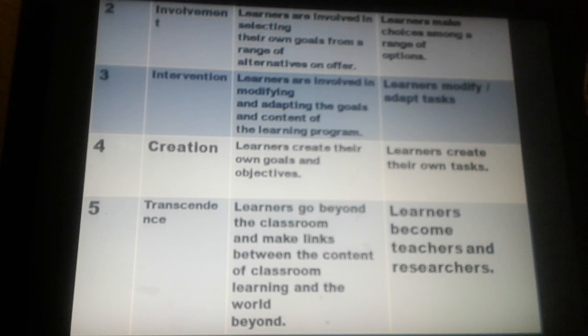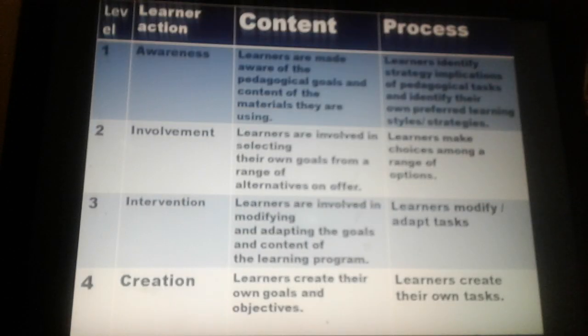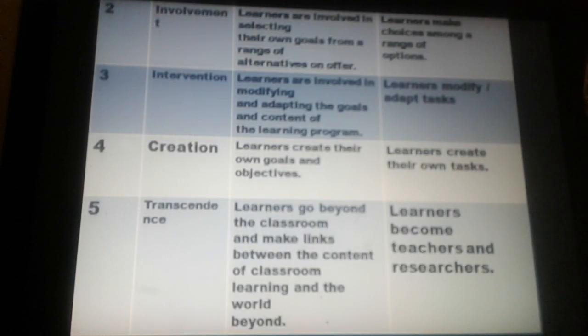You can remember these 5 levels: awareness, involvement, intervention, creation, and transcendence, and master these explanations by heart. This is the lesson of today. I think I explained it and gave you a lot of information.